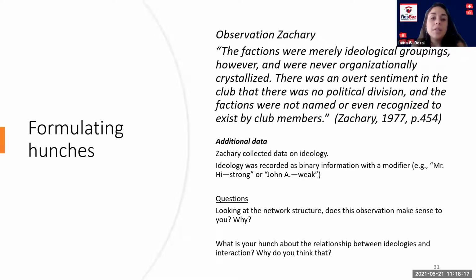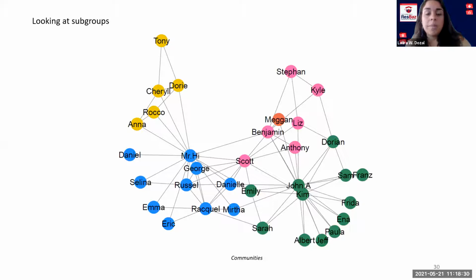So we're going to formulate hunches and figure out how the community can faction off via ideological groupings. So here we have different communities based on their centrality measures.